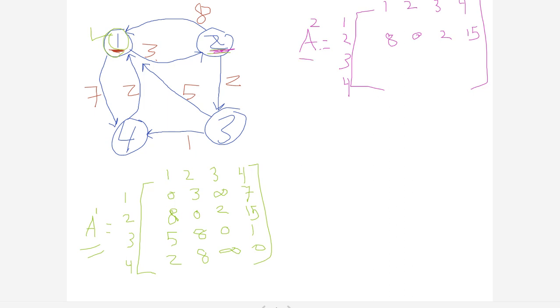We are building A2 from A1, nothing related to A0 anymore. So these are fixed, and column number 2 is also fixed. So this is 3, 0, 8, 8. The diagonal is also fixed, so I have 0 here, and 0 here. So what is left for us now?